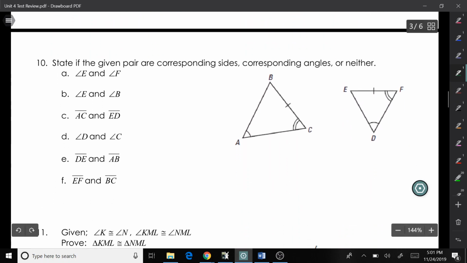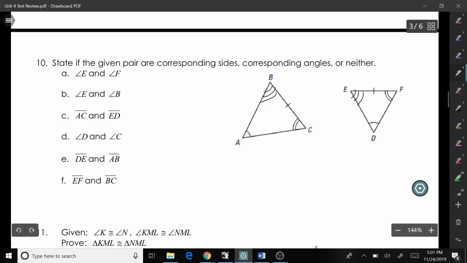State if the given pair are corresponding sides, corresponding angles, or neither. Okay, so before I start looking at the answers, I'm going to finish marking up this from here. Since angle A and angle D are congruent, and angle C and angle F are congruent, angle B and angle E are congruent.